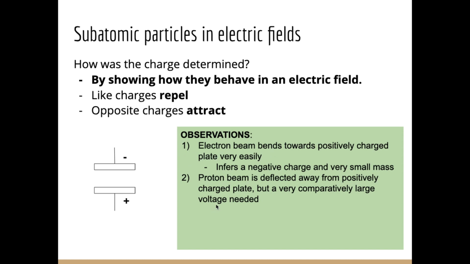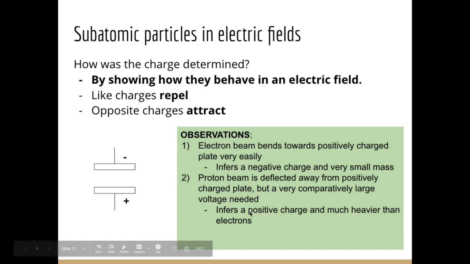So if that needs more voltage to do so, then it implies that it's going to be a lot heavier. And if it's being deflected away from the positively charged plate because like charges repel, conversely you could say that it's being attracted towards the negatively charged plate, it infers that it will have a positive charge.